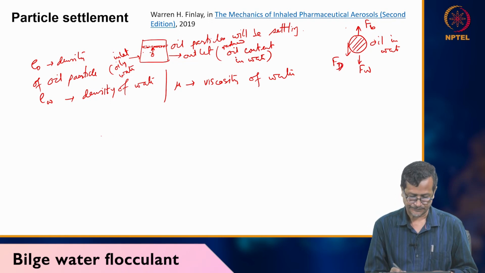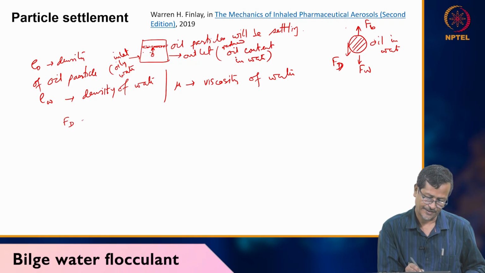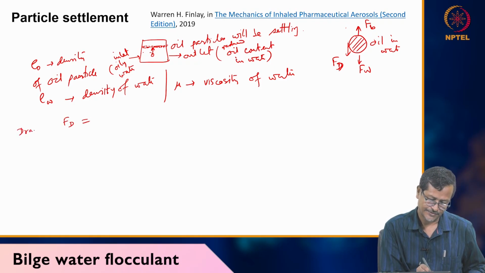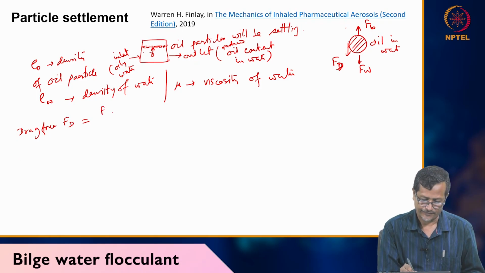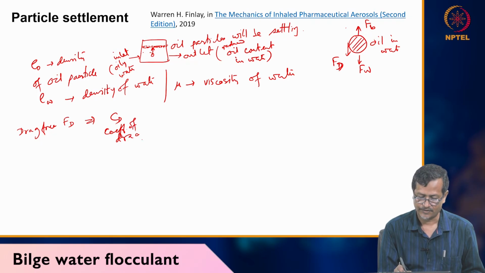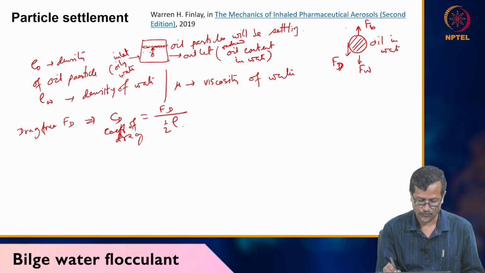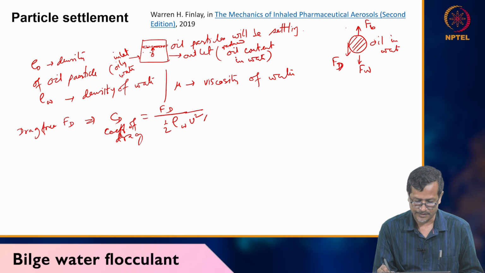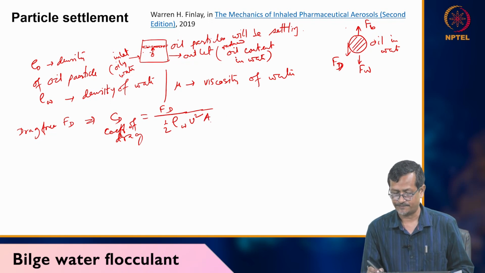So from the drag force Fd, the coefficient of drag, or drag coefficient, CD equals Fd over half rho water u squared A, where u is velocity and A means area.